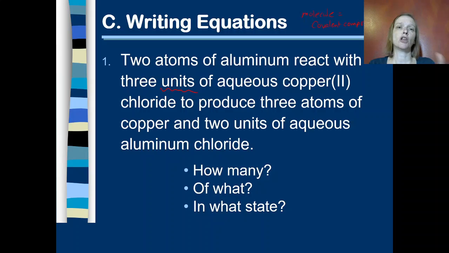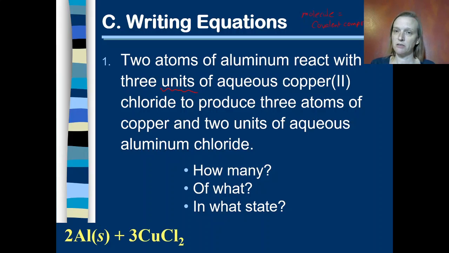So aluminum and aqueous copper 2 chloride are reacting together, so those are going to come before the arrow. And so we have 2 atoms of aluminum, and aluminum is a metal, and most metals are solids, so that's going to be solid. React with 3 units of aqueous copper 2 chloride. This is where you need to know your formulas. Copper with a charge of 2, chloride has a charge of -1.